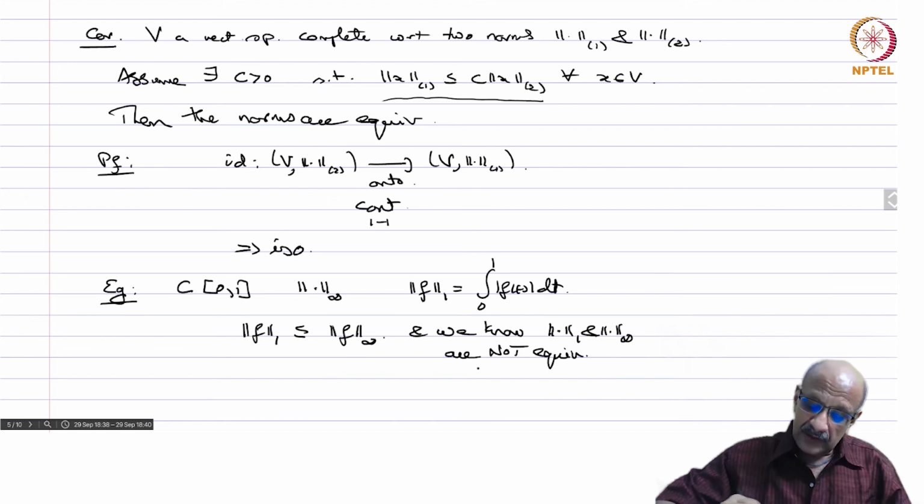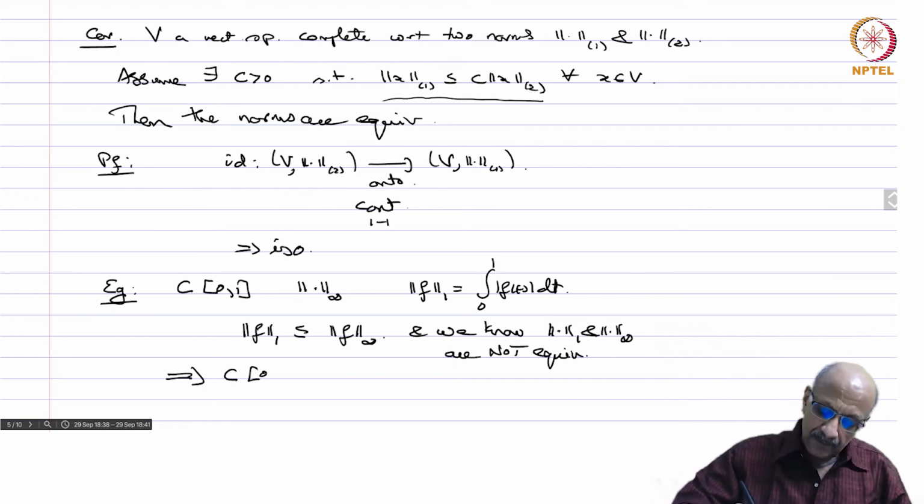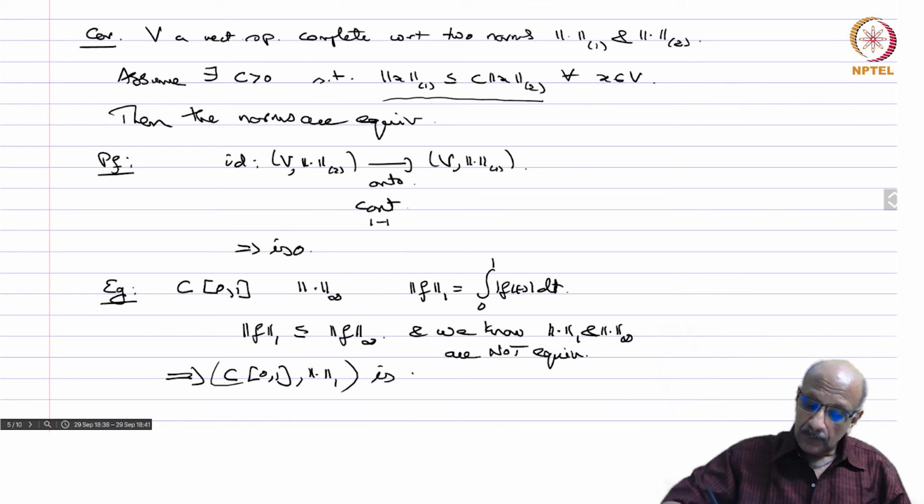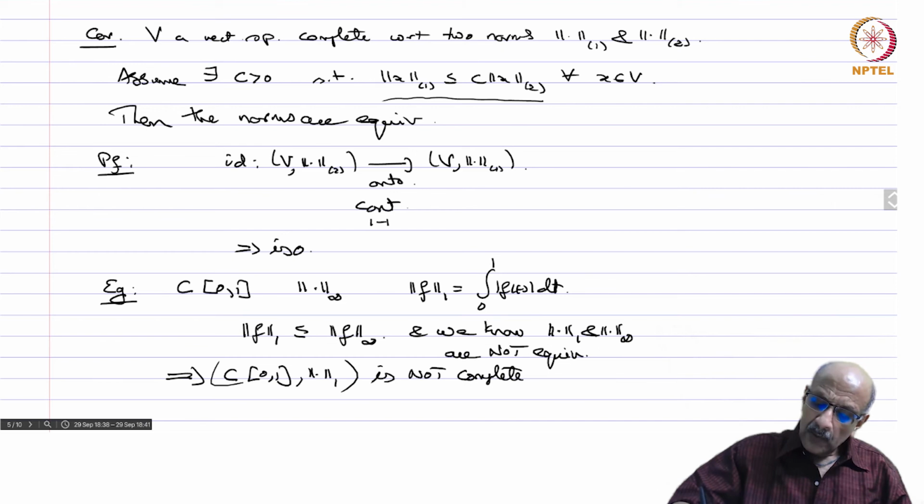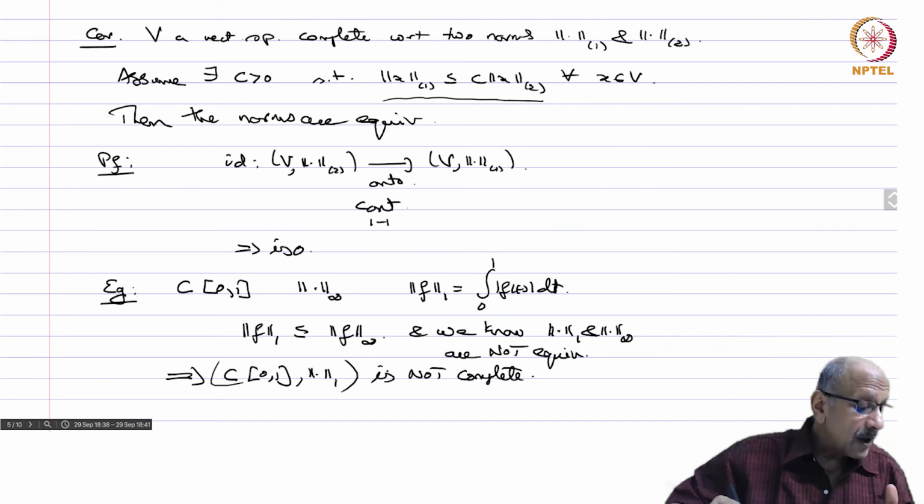So we know that these are not equivalent, and therefore C[0,1] with norm 1 is not complete. We already know that C[0,1] with norm infinity is complete. If this were also complete, you have two norms and one of them less than or equal to the other, and the previous corollary said they should be equivalent, but we know they are not equivalent, therefore this is a proof that this is not complete.